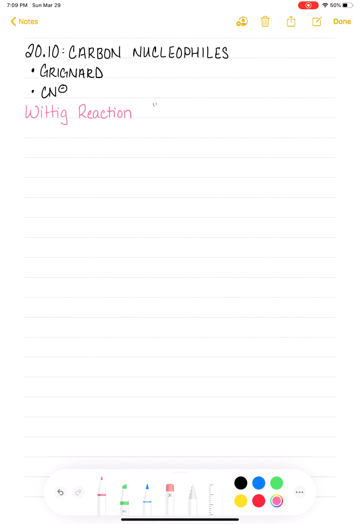That is pronounced Wittig, not Wittig, Wittig reaction. And here's the generic look at the Wittig reaction. We can do this reaction with either an aldehyde or ketone. I'm just going to draw it with a ketone.